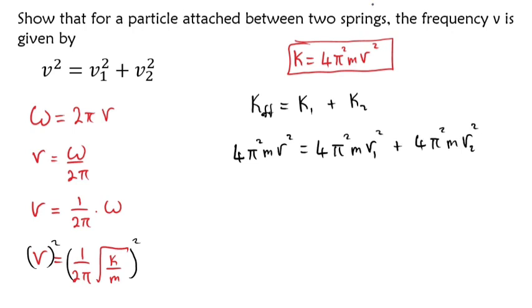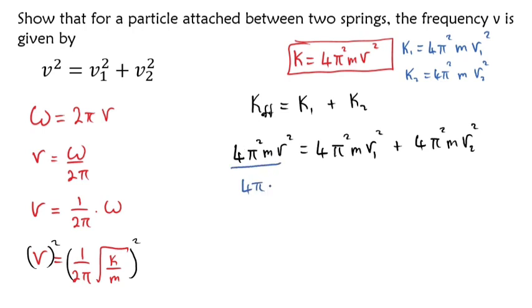So the idea here is, if this is my k, the effective spring constant, then k1 will be equal to 4 pi squared mass frequency 1 squared. And my k2 will also be the same, 4 pi squared mass then frequency 2 squared. Now look at what is common throughout.